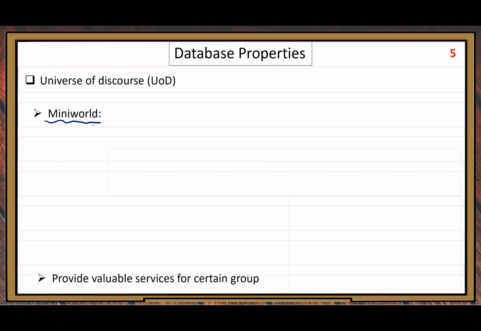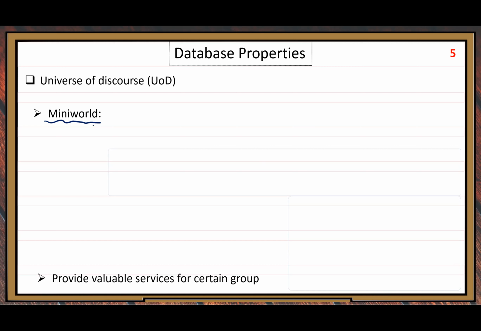But for our business, we only want to focus on a very special part of the world. So we don't want to do over-representation of some non-related part of the world.